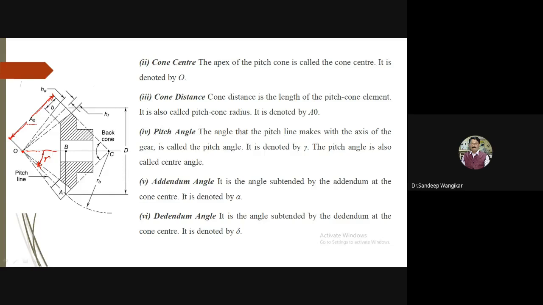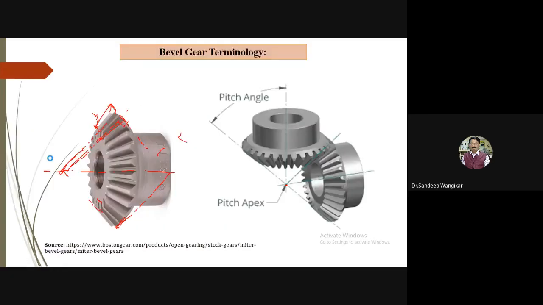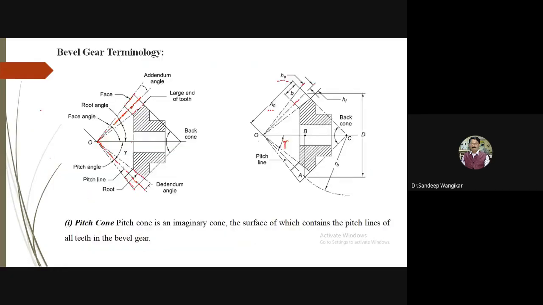Then addendum angle and dedendum angle. I have already given you the idea. The angle subtended by the addendum at the cone center and the angle subtended by the dedendum at the cone center are denoted by alpha and delta. So in this figure we can see the angle subtended here, once again, this is the face. This angle I will call the addendum angle, denoted by alpha, and this angle subtended by the dedendum you can call delta.